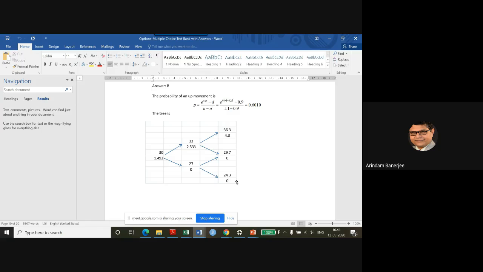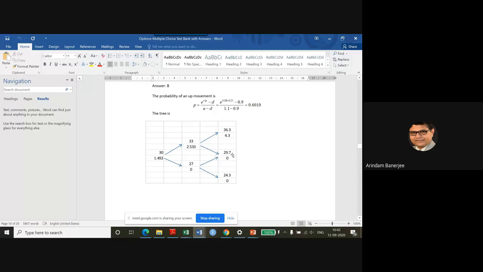So I am getting 0. Because I have a right to buy at 32 and its value is now 24. So will I exercise? I will not exercise. I will allow it to expire. So its value is 0.